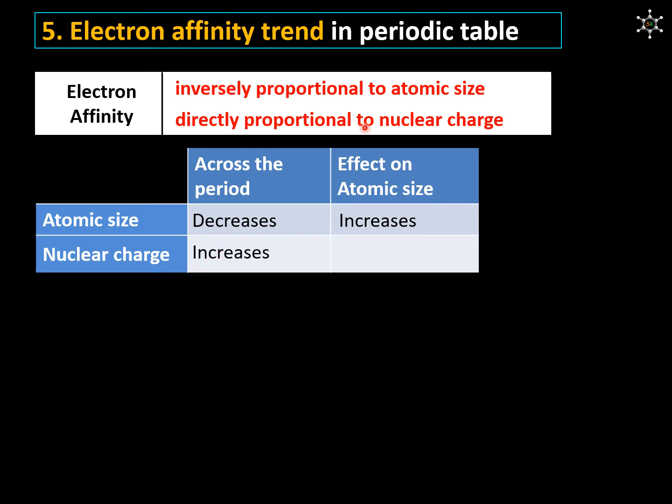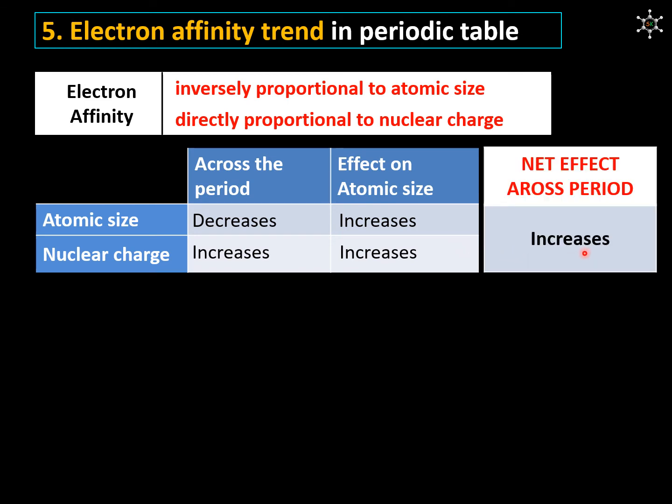Since nuclear charge is directly proportional to electron affinity, we expect the electron affinity value also to increase across the period because of nuclear charge. What happens to electron affinity across the period is the resultant of these two, and that is electron affinity across the period increases, meaning the electron affinity value will become more and more negative across the period.